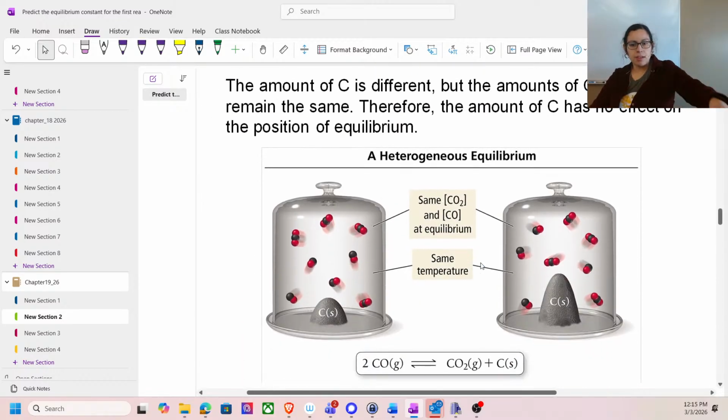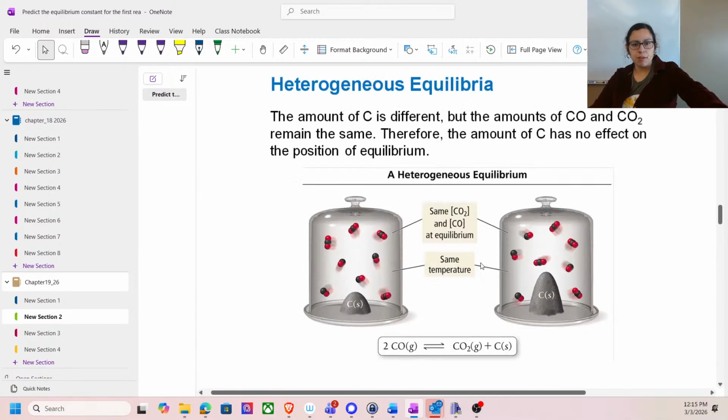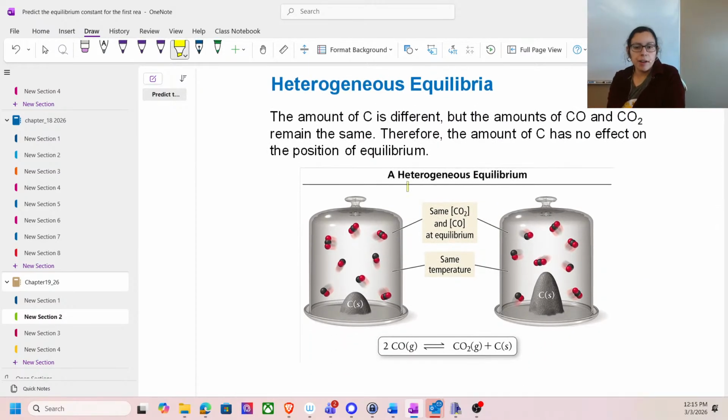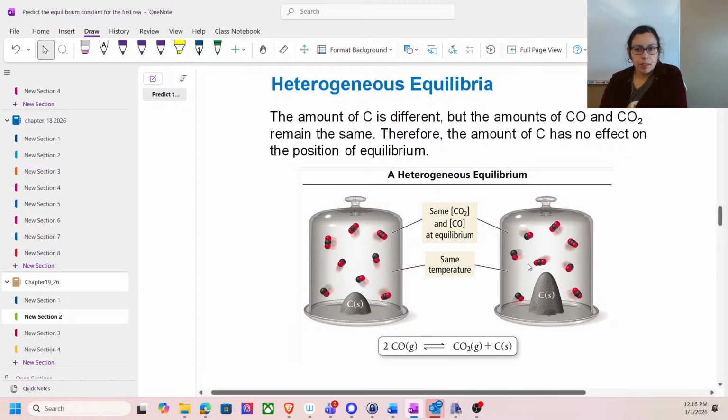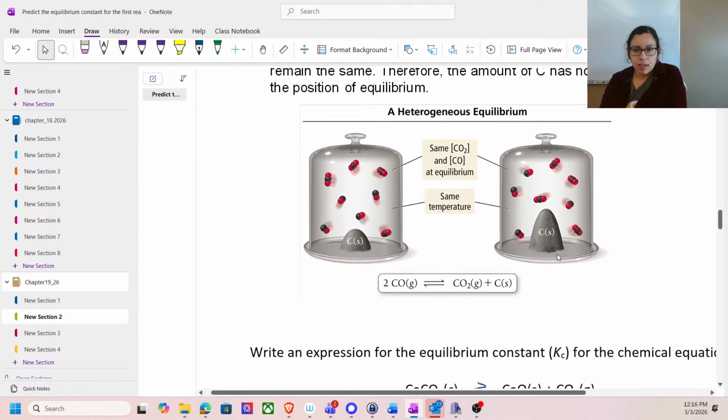And so we see the similar effect for our pile of carbon scenario. This is a nice little visual. It doesn't matter how big this pile of carbon is; we're still limited by our surface area of reactants.